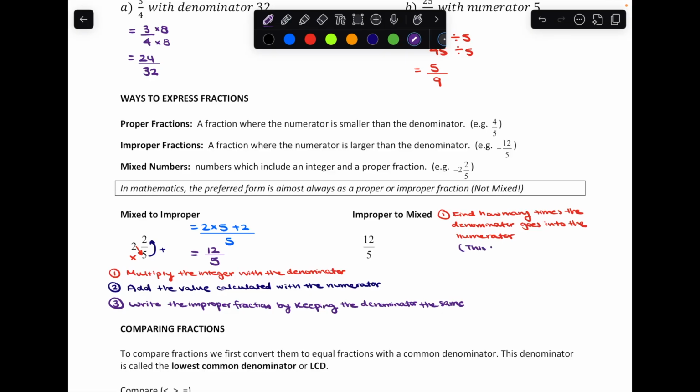So this is our integer value. So here, if we look at this, you see that 5 goes into 12 two times.